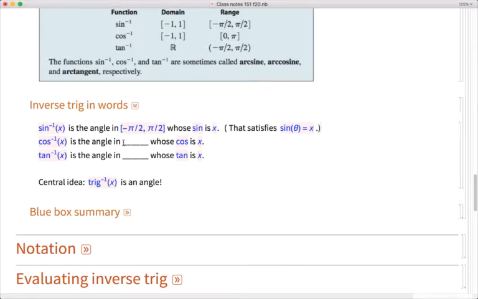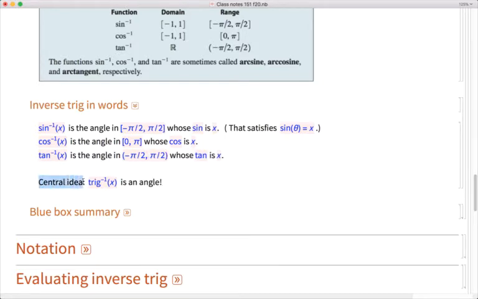Right? And for cosine, we just make this agreement that we'll choose the angle between 0 and pi. And then for the tangent, the convention is we choose the angle between, this one has to be the open interval. And I'm sure we'll wind up discussing at some point why that's open.